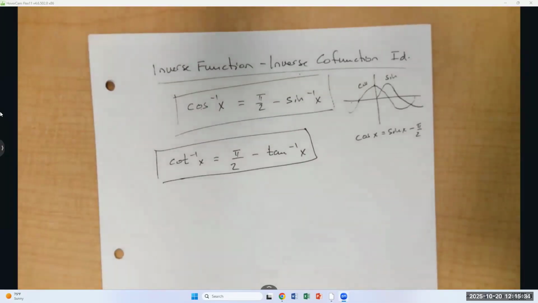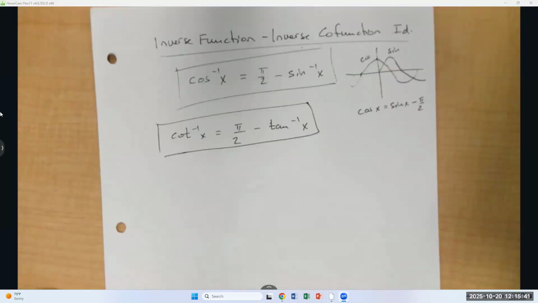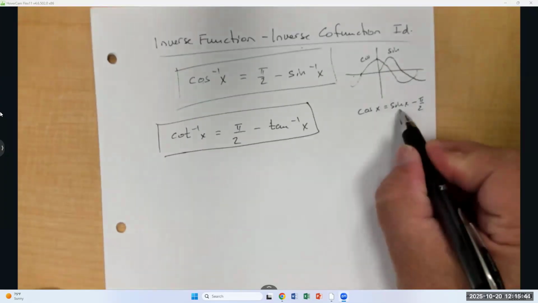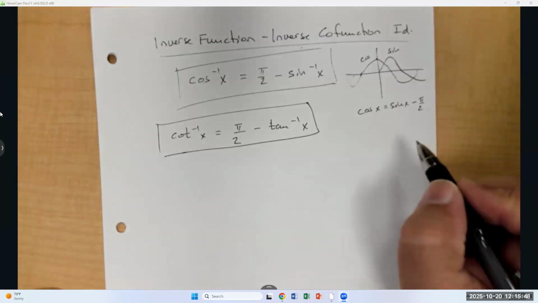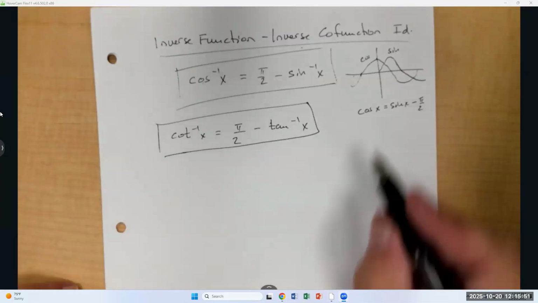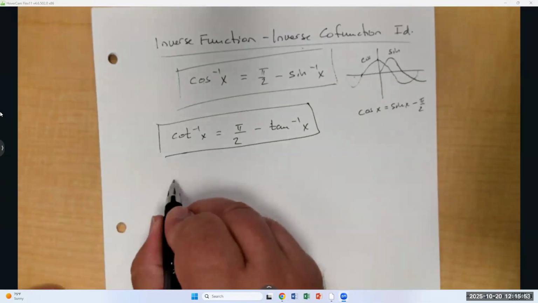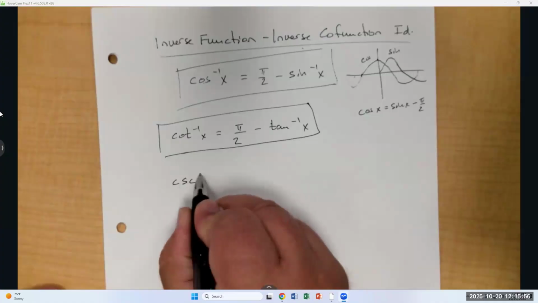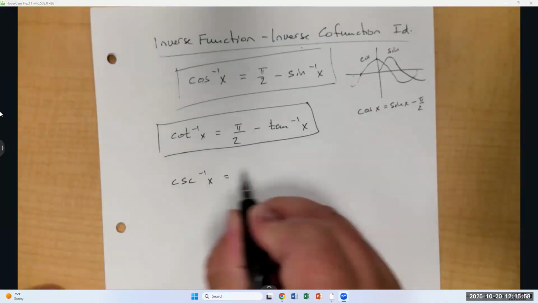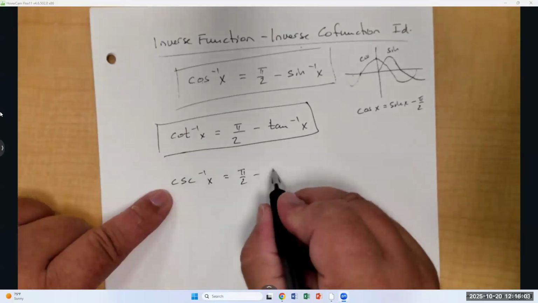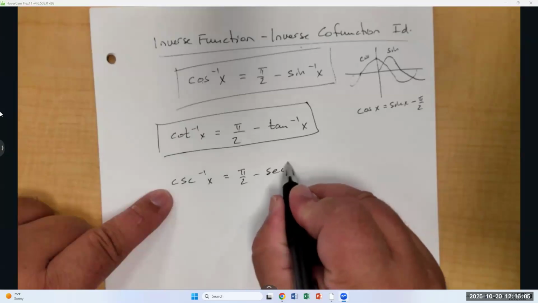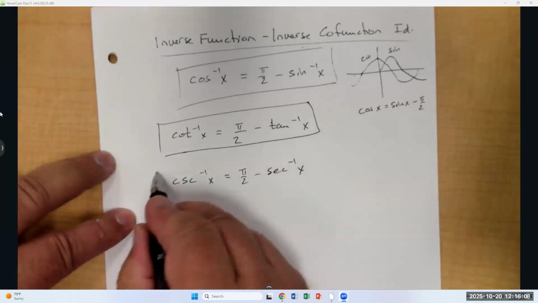What cofunction simply means is it gives the same answer as that other function. Cosine x would get the same answer if I did this. That's why they're cofunctions, because they give you the same answer if I put the same x value in there. The inverse or the arc cosecant is pi over 2 minus arc secant, and the opposite of cosecant is secant. And those are its cofunctions.